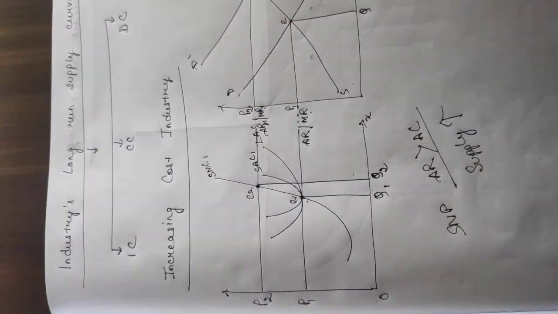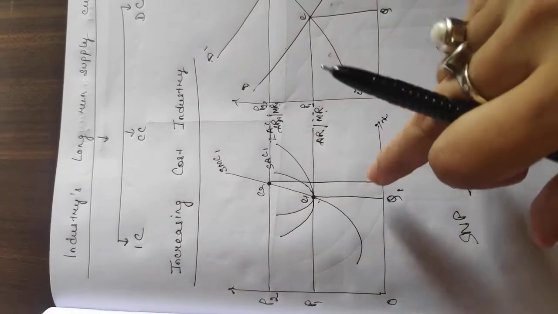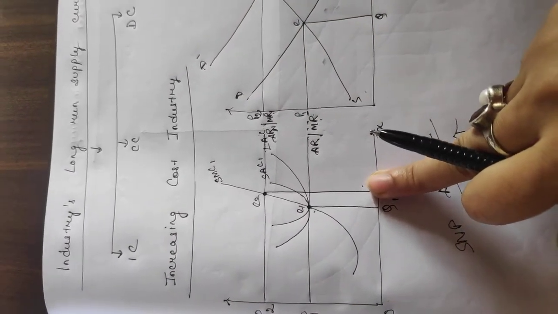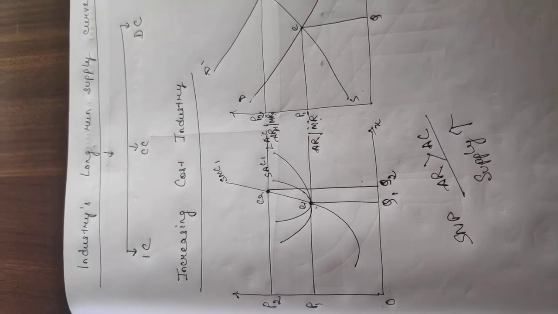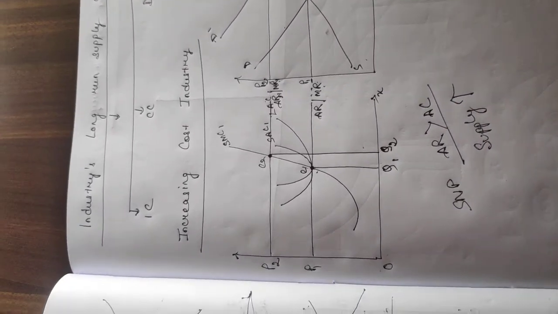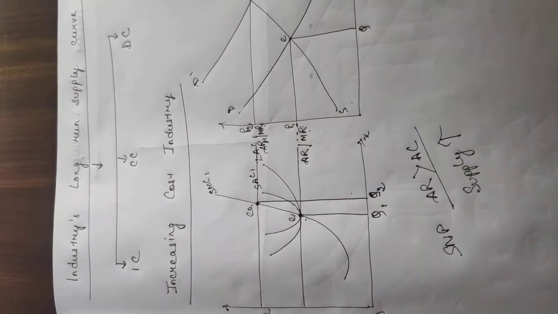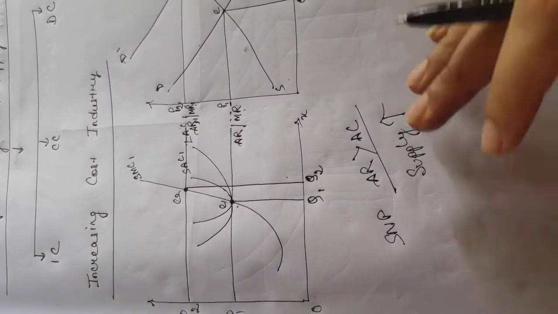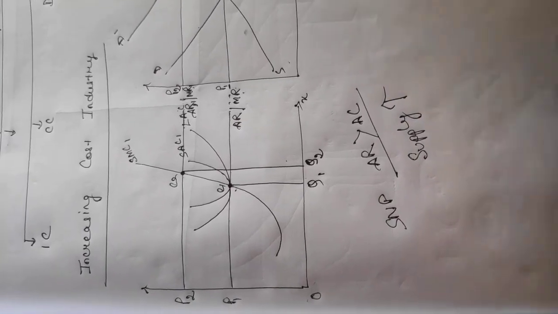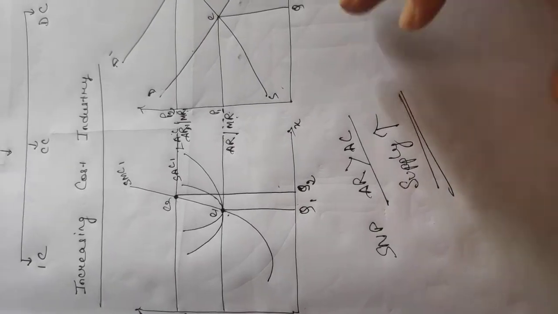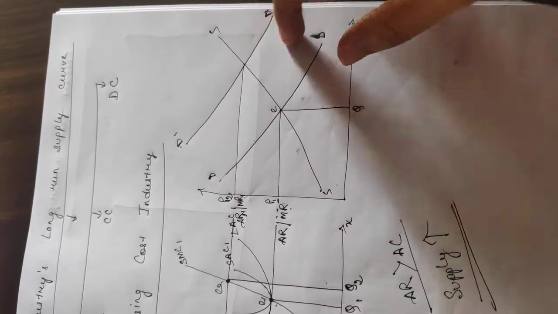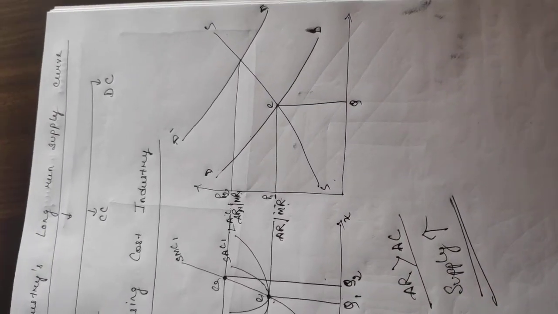When the other firms outside the industry see this, they will get attracted into the industry, and as a result the new firms will start production, the supply of the industry will increase and the supply curve will shift rightward.